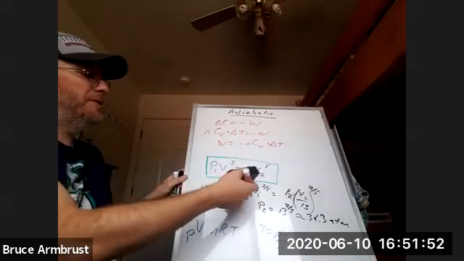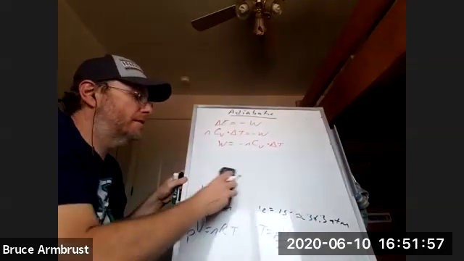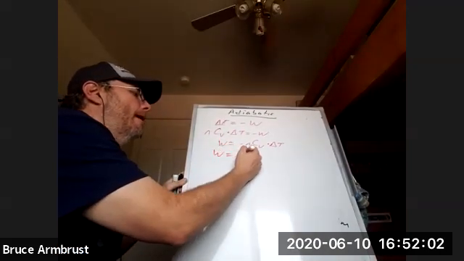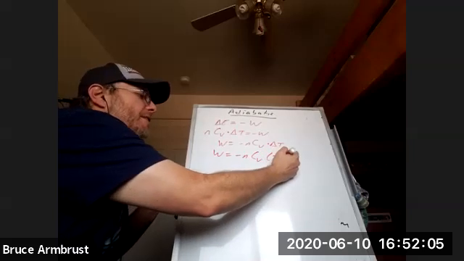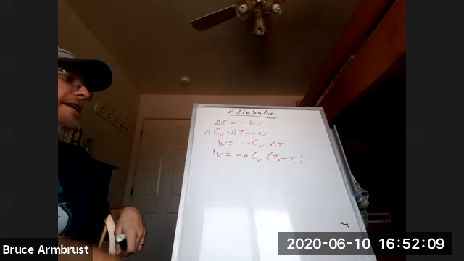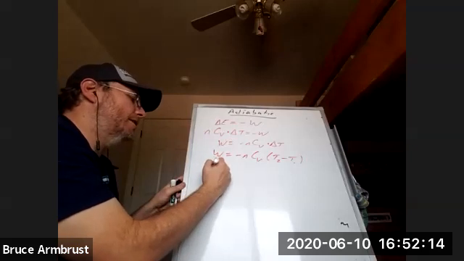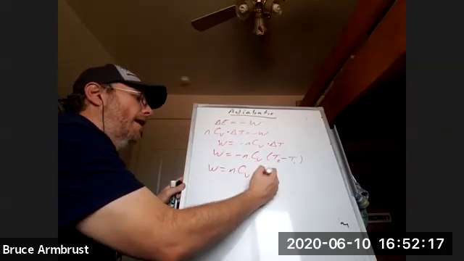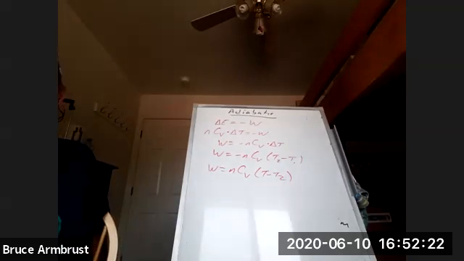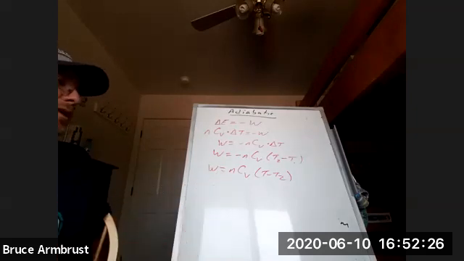Well, since we've been doing this initial, final, 1 and 2, let's put those in as well. So that change in temperature is going to be T2 minus T1, T final minus T initial. But we can go ahead and distribute this minus sign. So in an adiabatic process, here's the work that's done.